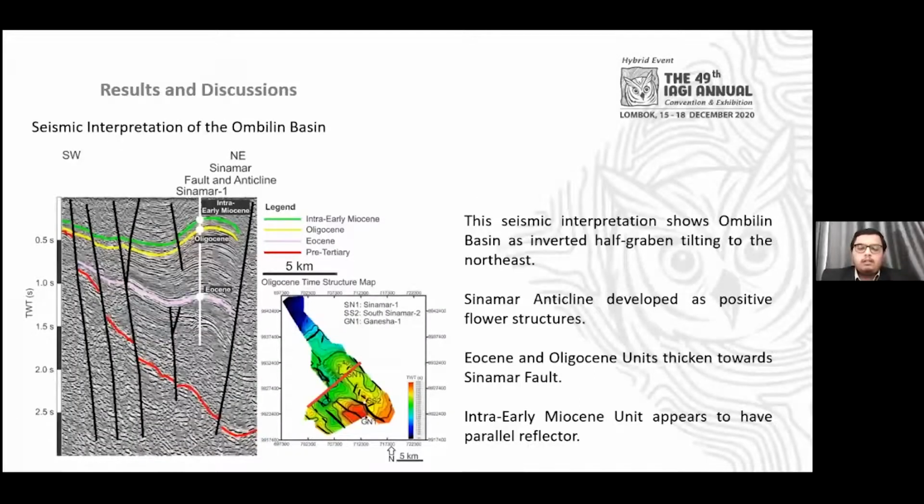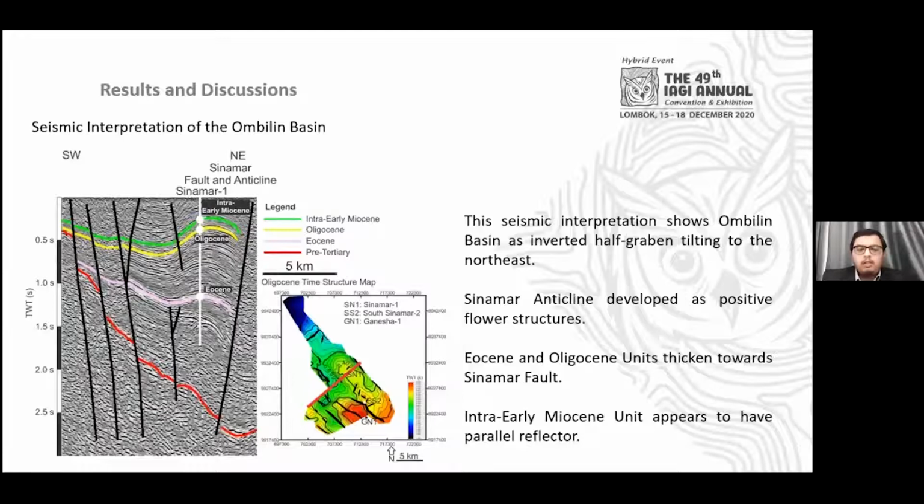This is a seismic section trending southwest to northeast. We see the section is crossing the major structures in the area. In the seismic section, we can see that we have an inverted half graben structure. In this case, the Takung Fault was represented by the Sinamar Fault.